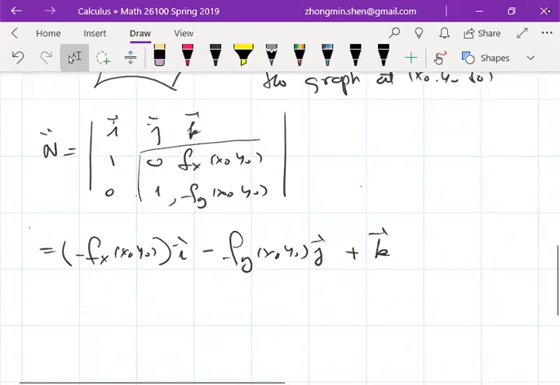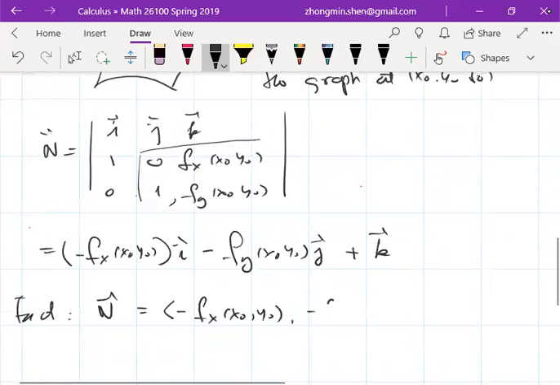Here's an important fact. This does not necessarily have unit length. So given the graph, this is always perpendicular to the graph, it is a normal vector.